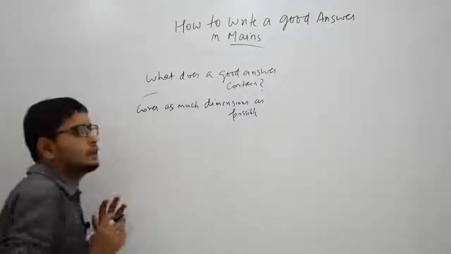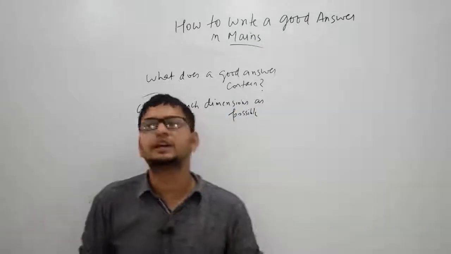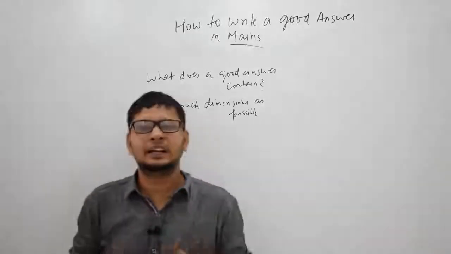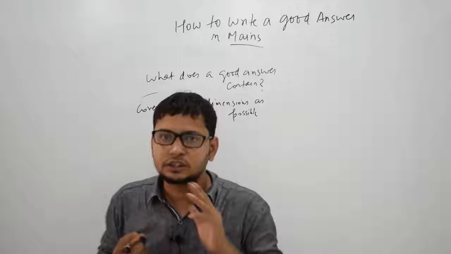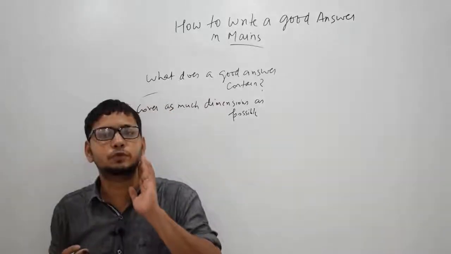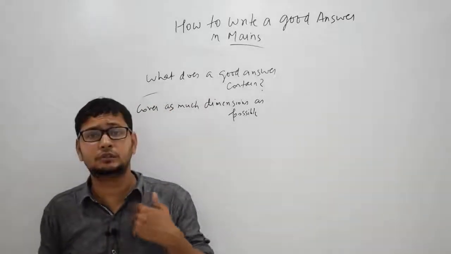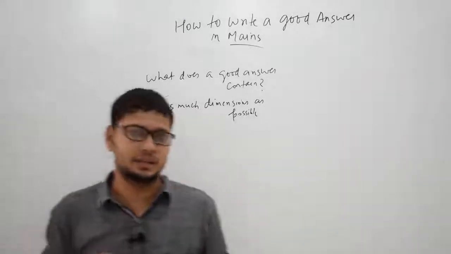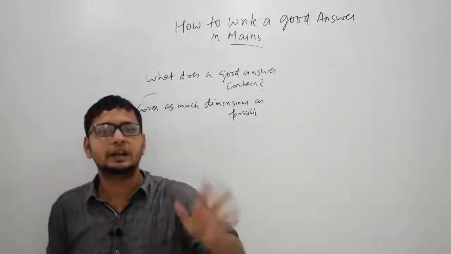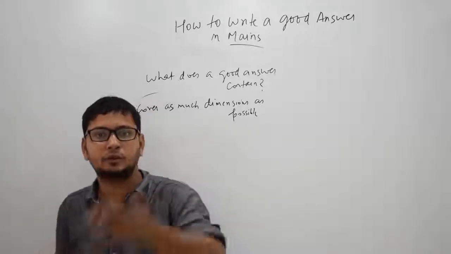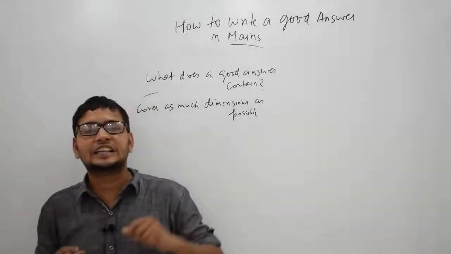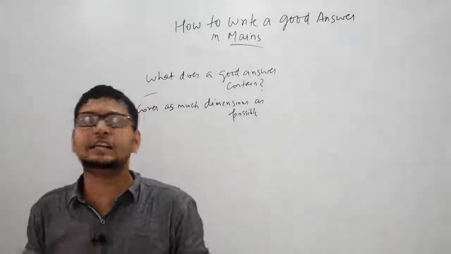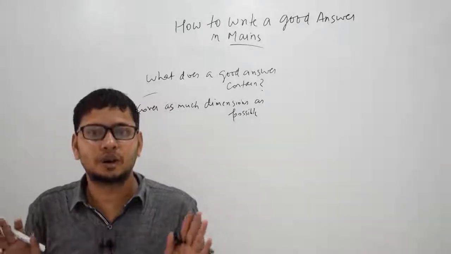See, a lot of aspirants make a mistake that they write very few points and try to explain them in detail, right? This will definitely not fetch you more marks. I made the same mistake in my first attempt. Because of time and space constraints, I was explaining a limited number of points in detail, and I did not get good marks.